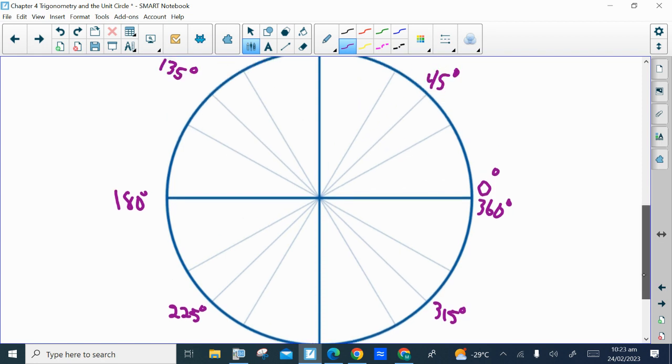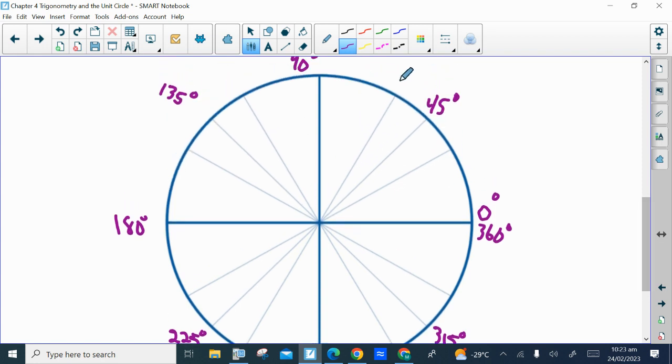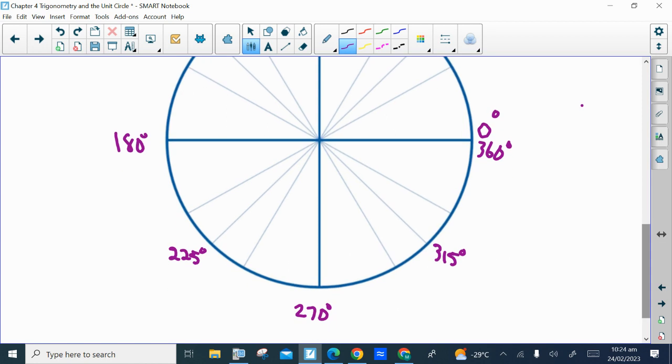Next, let's go around the circle in terms of 60 degrees. 60 is just past 45. Another 60 would take us to 120, which is between 90 and 135. Another 60 takes us to 180, which we already have. Another 60 past 180 takes us to 240.